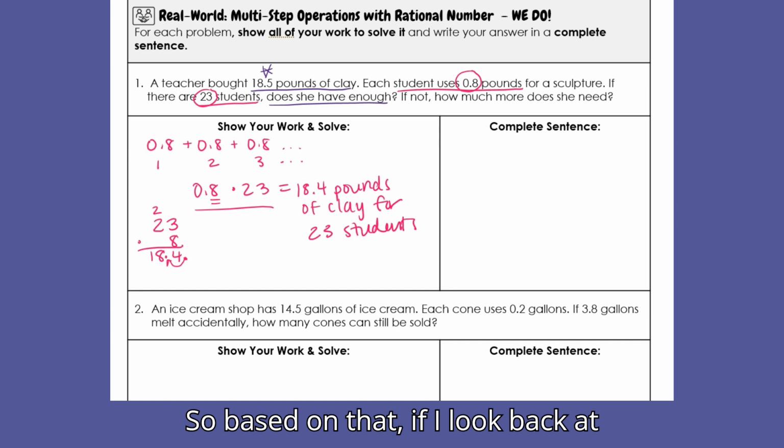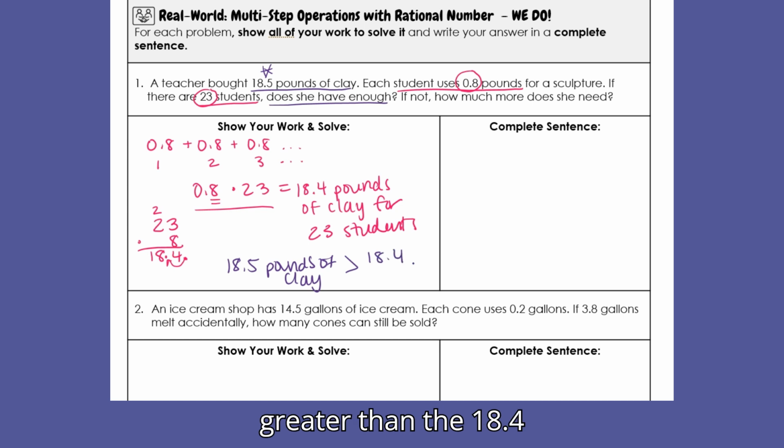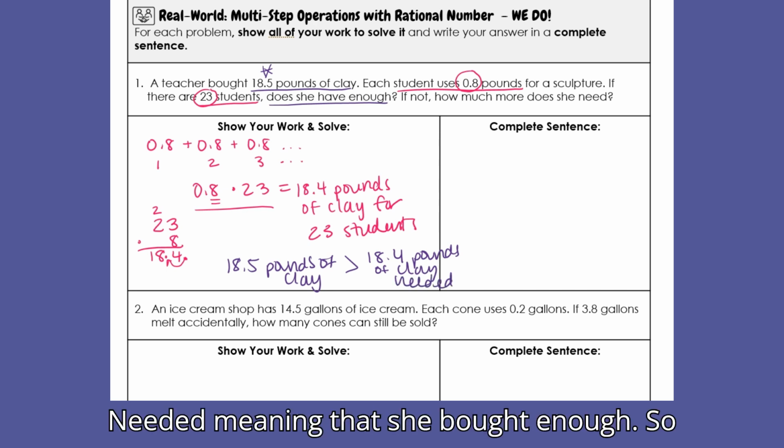So based on that, if I look back at my problem, the teacher bought 18.5 pounds of clay, and that's going to be greater than the 18.4 pounds of clay needed, meaning that she bought enough.